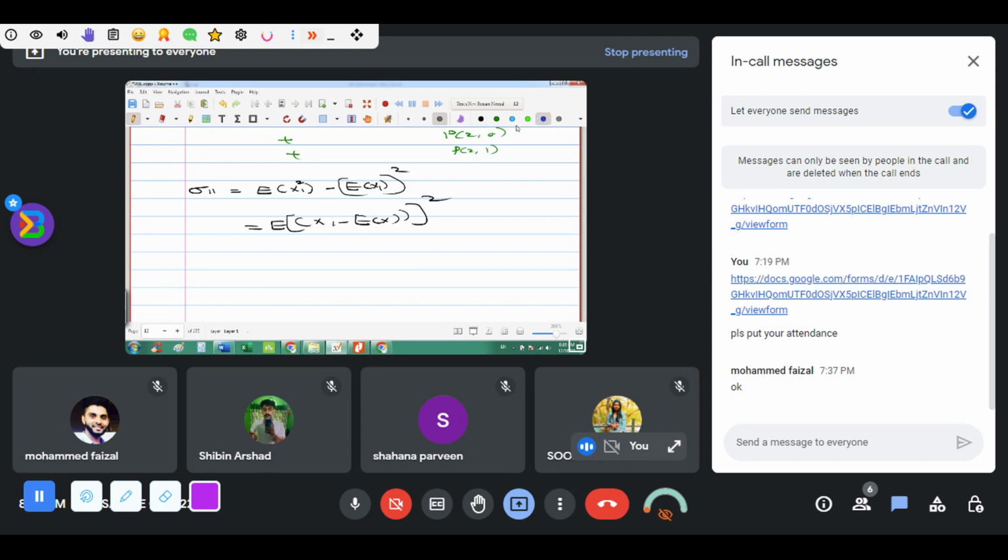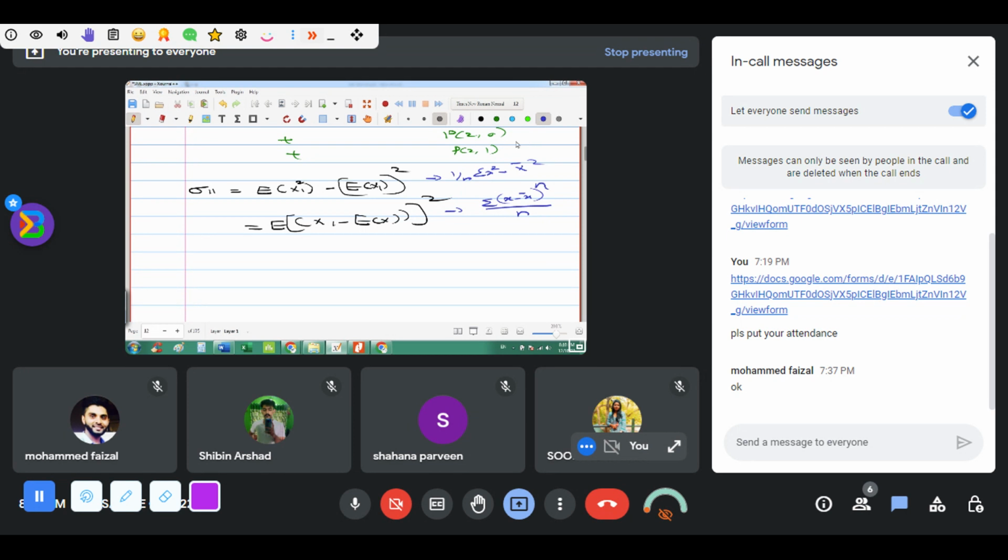That is the formula. The statistical formula is 1 by n summation of x squared minus x bar squared. I gave the first formula as summation of x minus x bar the whole squared by n.